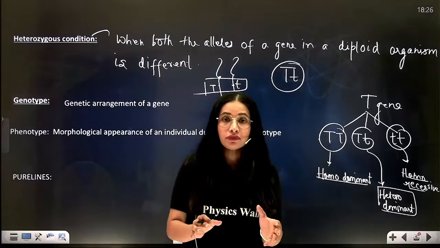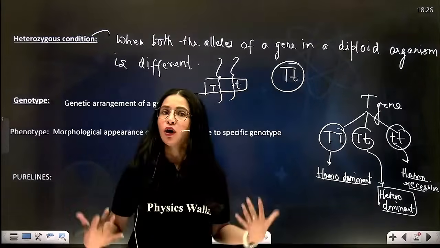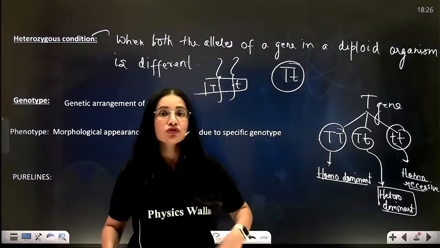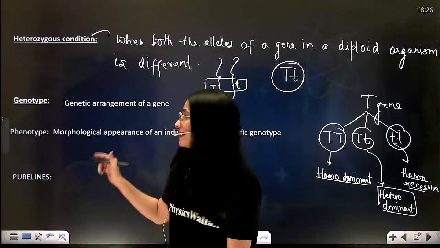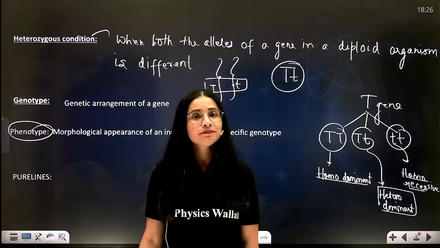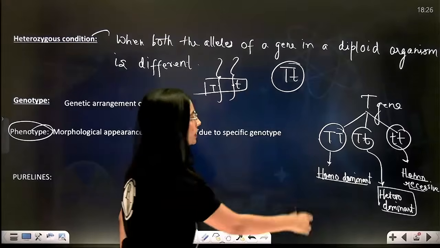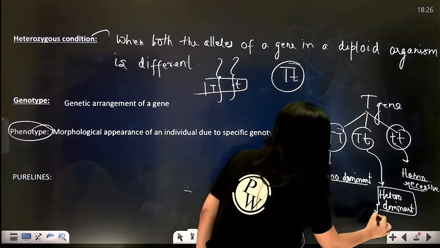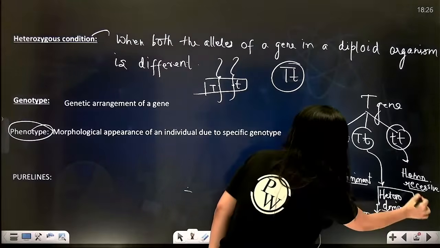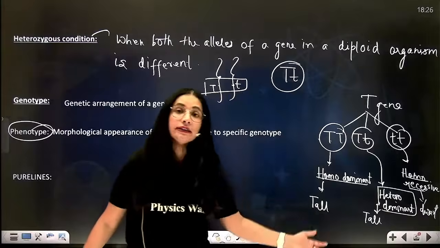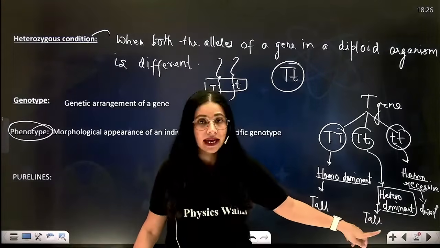Now, because of the genotype, there will be some morphological appearance in the body. That morphological appearance due to genotype is known as phenotype. So what is phenotype? Like this organism will be tall. Here also the organism will be tall, but here the organism will be dwarf. So tallness or dwarfism is the phenotype.